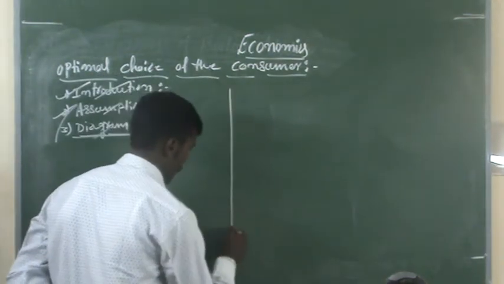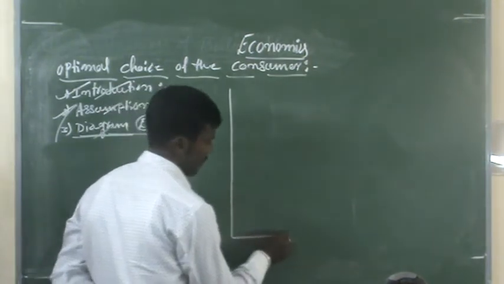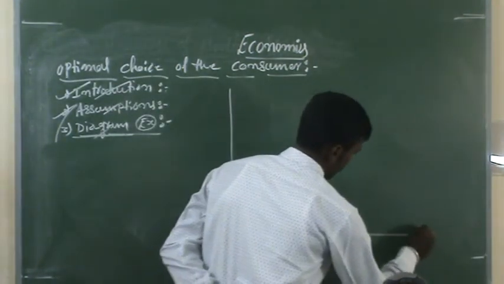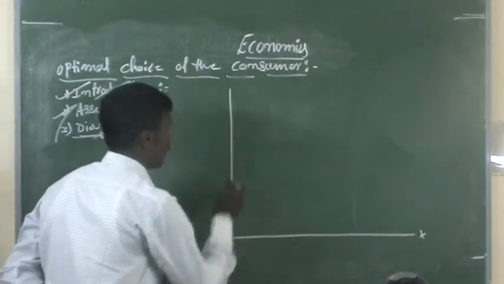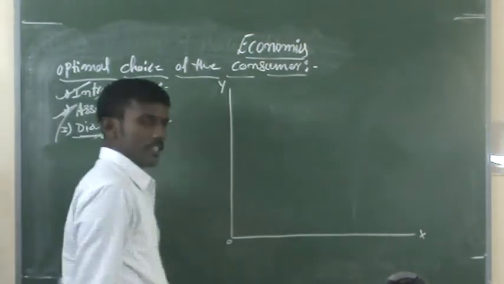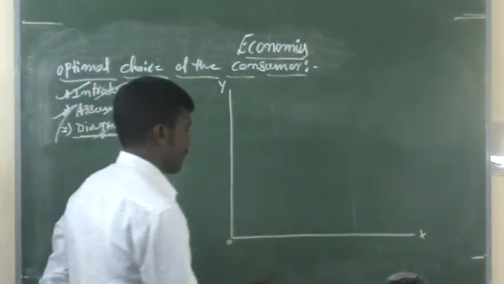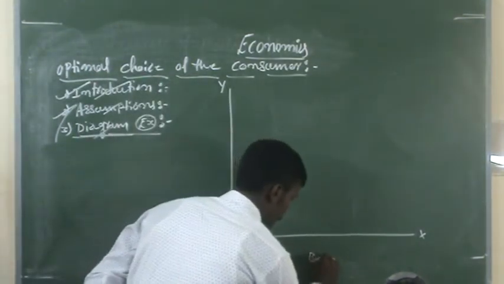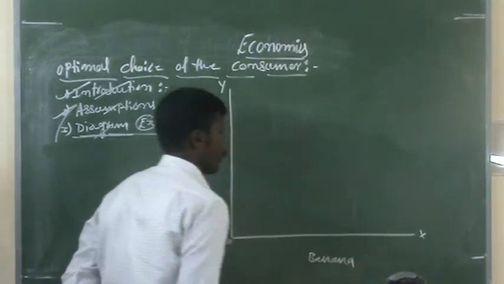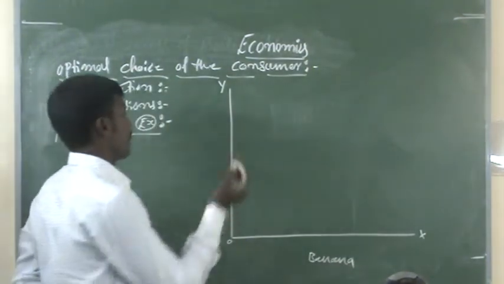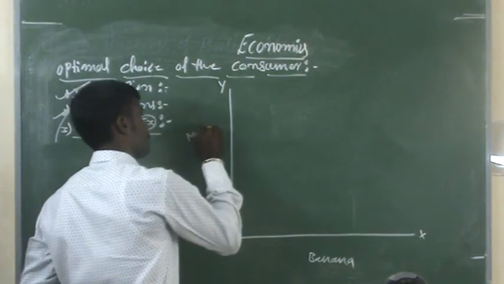So this is the y-axis and this is the x-axis. Firstly we constructed the x-axis and the y-axis. X-axis represents banana and y-axis represents another commodity like mango.